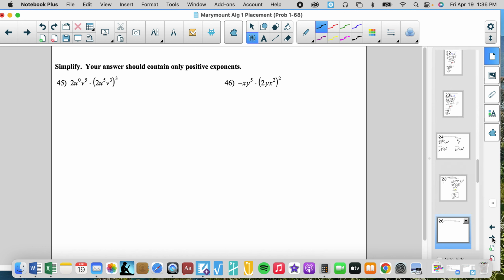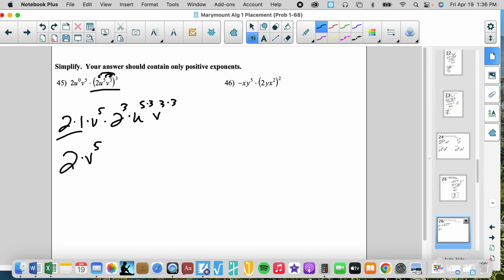We're still working. We're going to simplify that exponent first by distributing. You get 2u to the 0. If you want to make that 1, go for it. That's going to be efficient. v to the 5th. That's 2 to the 3rd, u to the 5 times 3, v to the 3 times 3, 2 times v to the 5th. We can multiply those. 2 to the 3rd is going to be 8.